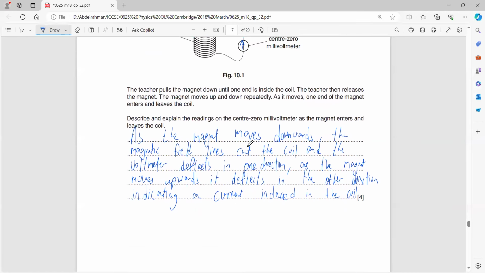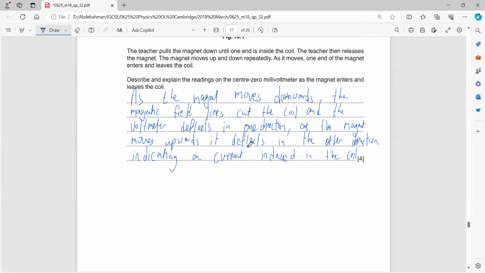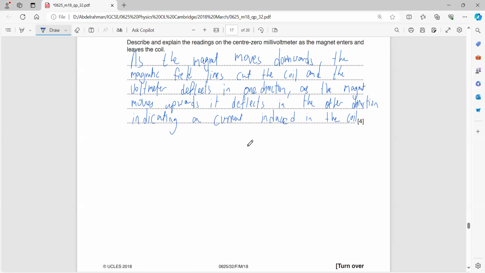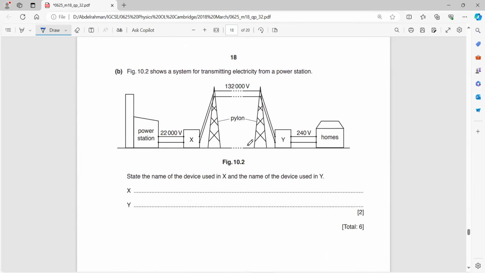Moving on to the next question. This is an easy question. State the name of the device used in X and the device used in Y. In X, I had a voltage of 22,000, and then the voltage became 132,000. After Y, it became 240. What's X and what is Y?